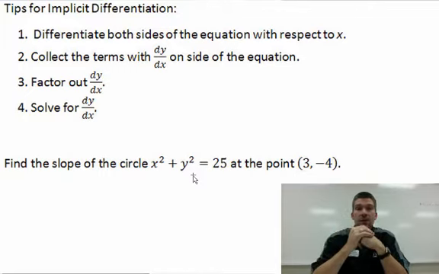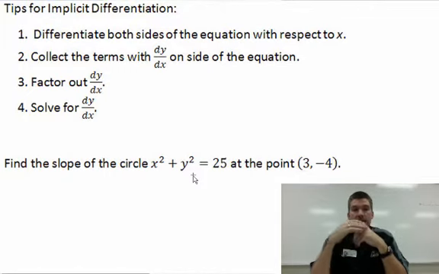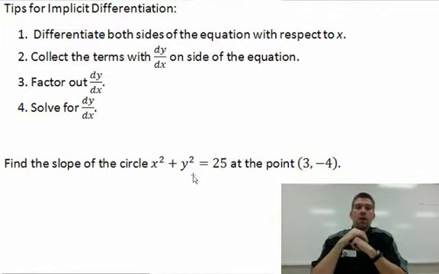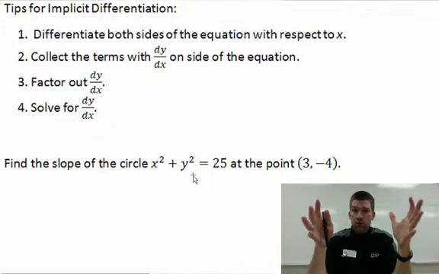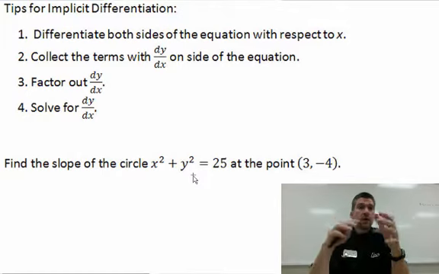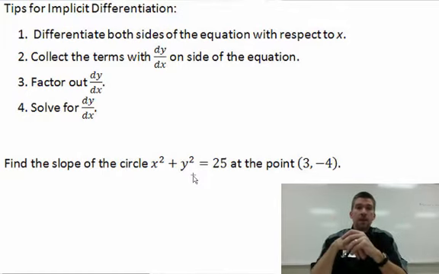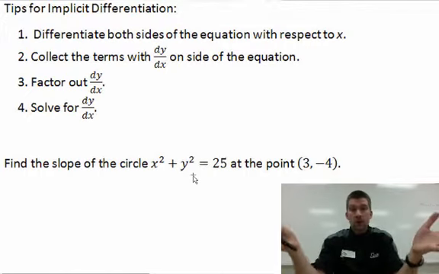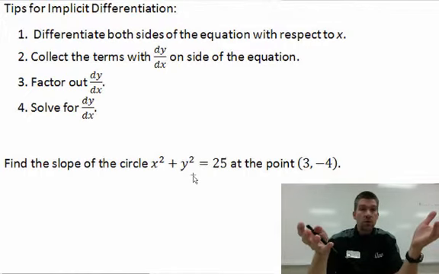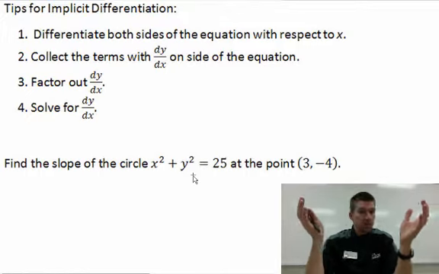Alright, so here are some steps that you can follow whenever you are using implicit differentiation. Anytime we've got y's running around, like a y squared or cubed or a square root or something like that, you're going to use implicit differentiation. If we have something that just says y equals, then we can just use our normal derivative rules.